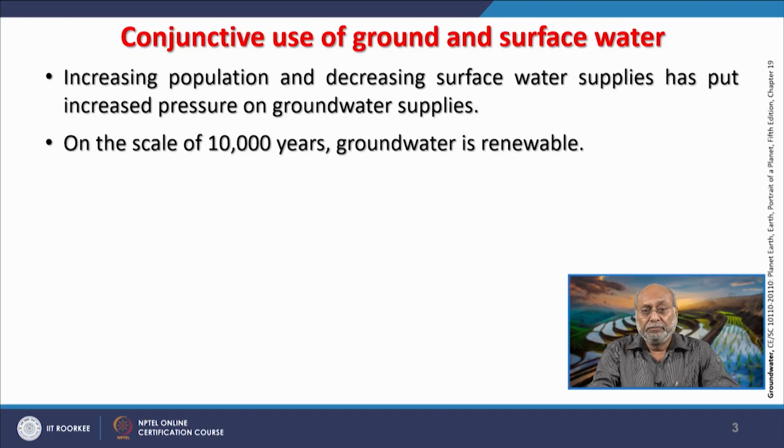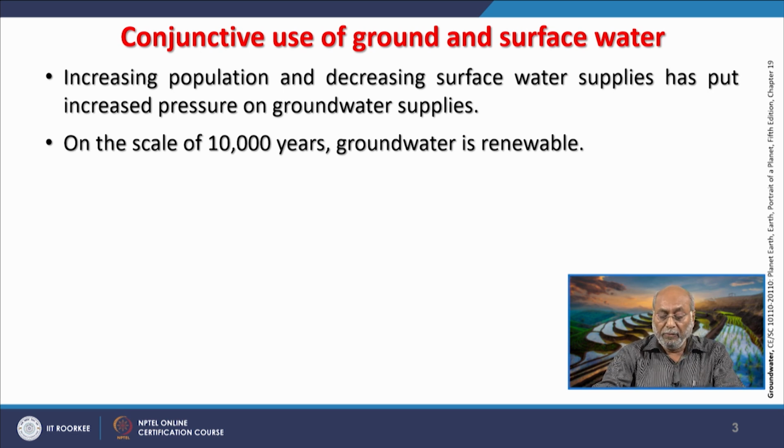The water for recharge is not as available as it used to be, and that is putting a big pressure on our groundwater supplies. If this budget remains negative or in deficit at several places, then we are having problems.